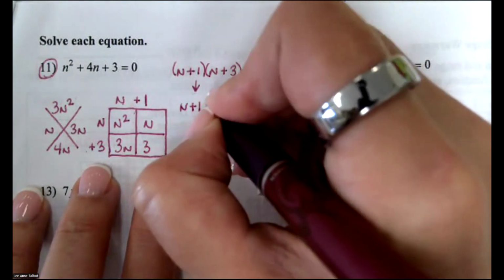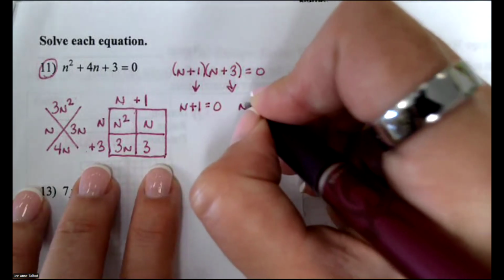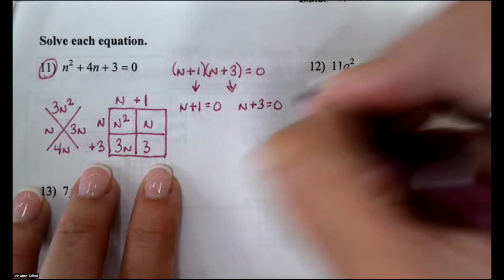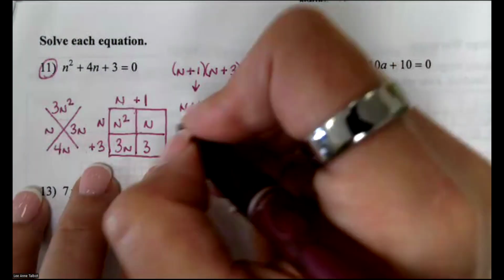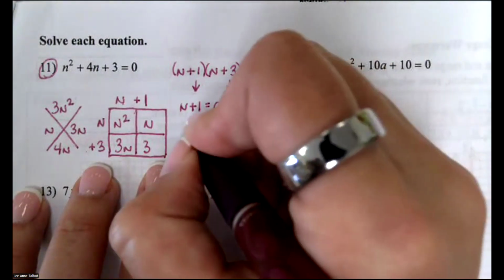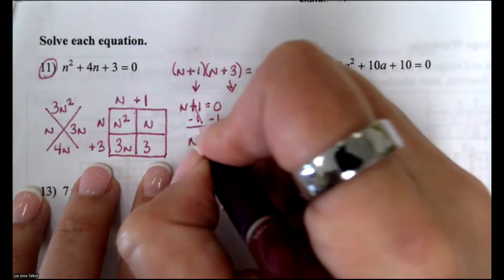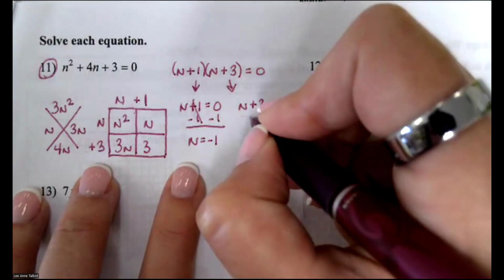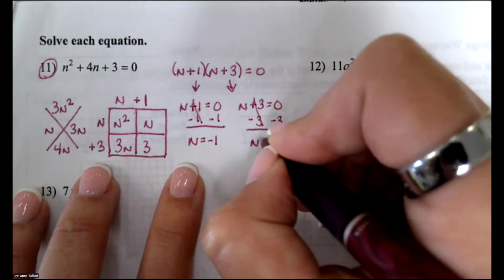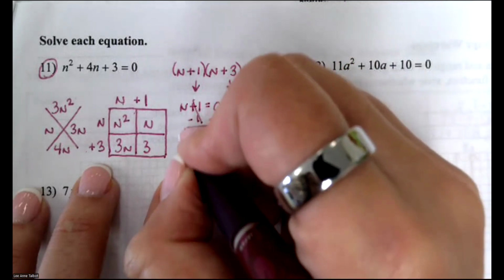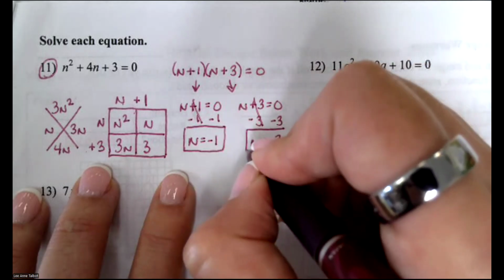So n plus 1 equals 0. N plus 3 equals 0. Minus 1. N equals -1. Minus 3. N equals -3.